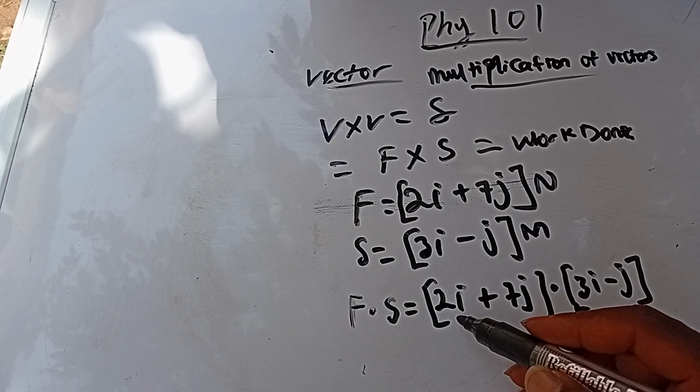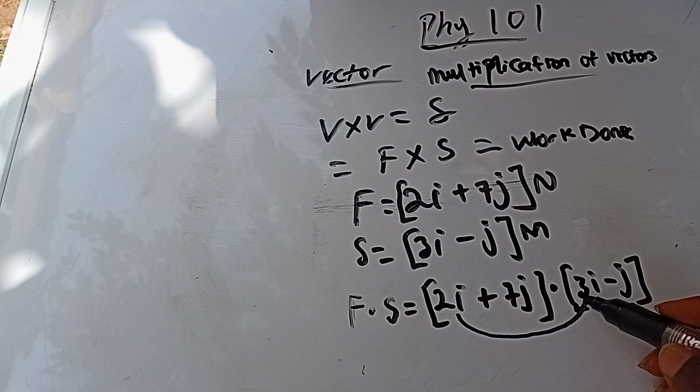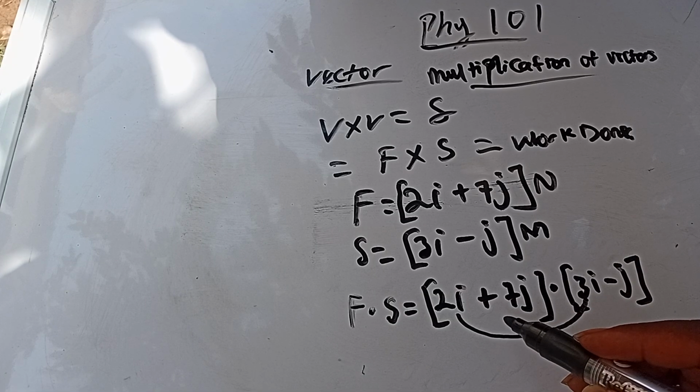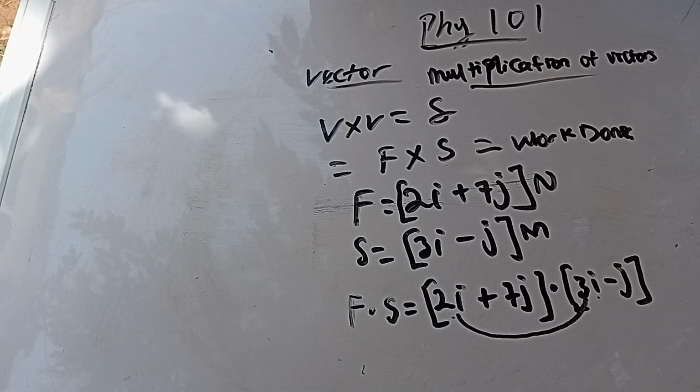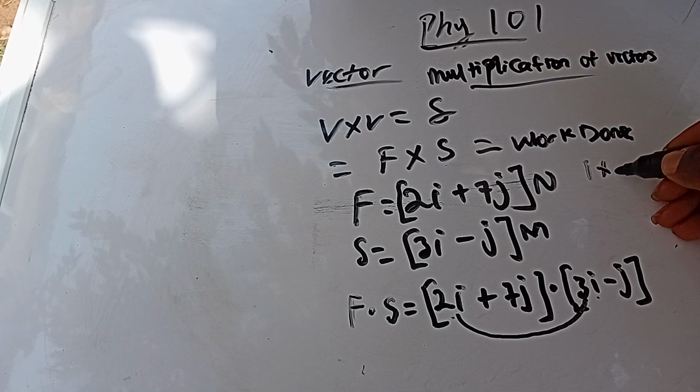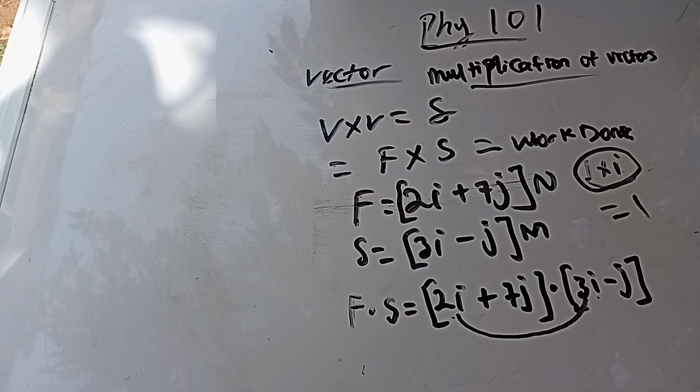Now dot product is that you multiply this by this, then you add. 2I times 3I is 6I squared. Whenever you are doing a dot product and the directions are the same, I times I equals 1.